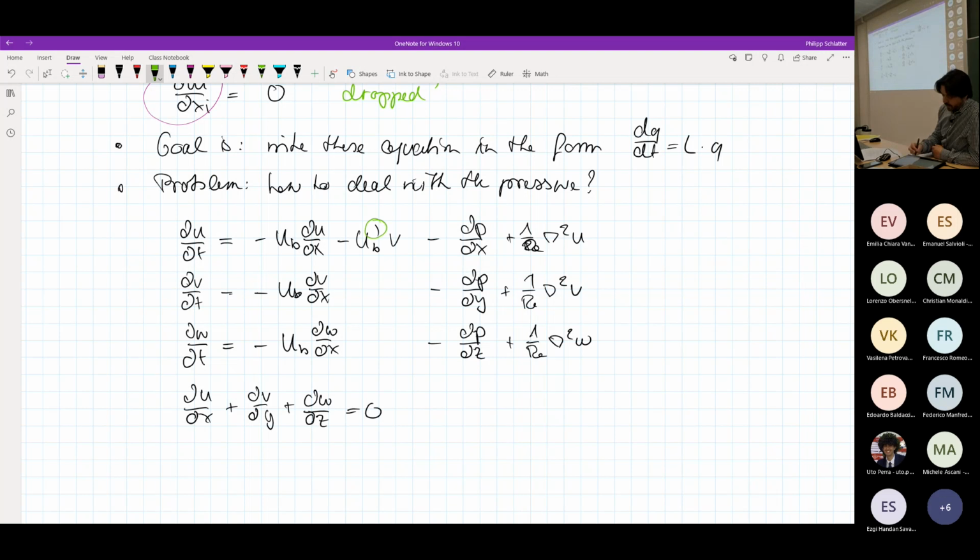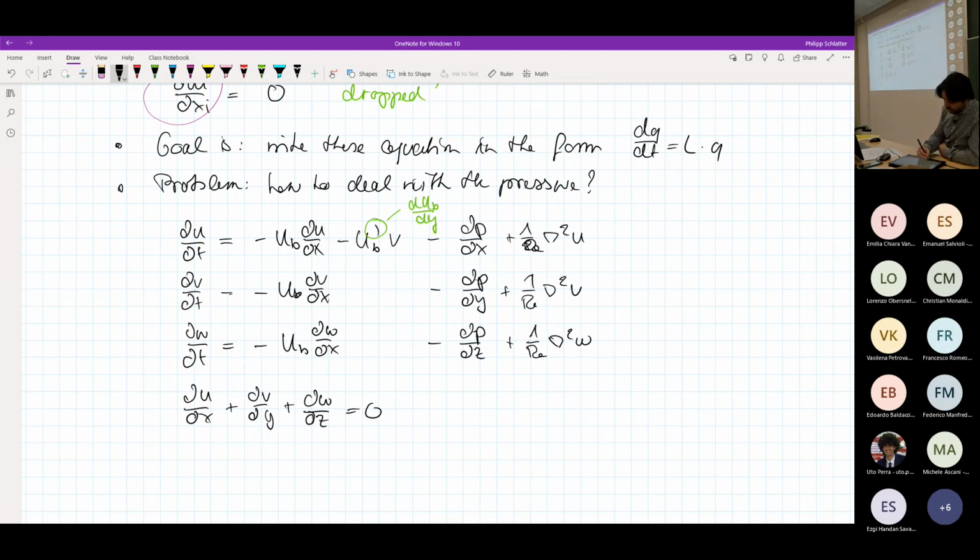The other important thing is what I just mentioned before. This prime here is now a derivative. So this is actually dU_b/dy. So this prime is not the disturbance prime anymore. Okay, so this is now our equation.